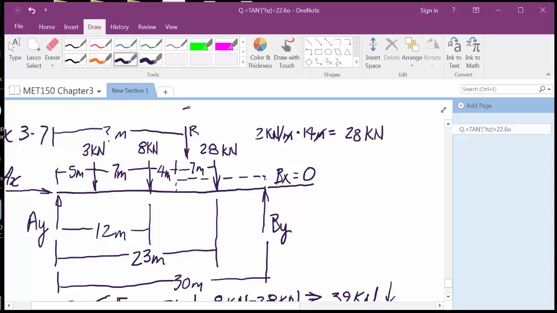I was going to say that's not right. 39 kilonewtons, and this X bar, if you will, ends up being 19.4 meters from A. That's what they were asking for. Okay, you could calculate it from B if you wanted to, and it should come out the same amount, but it should be 30 minus 19.4, right?